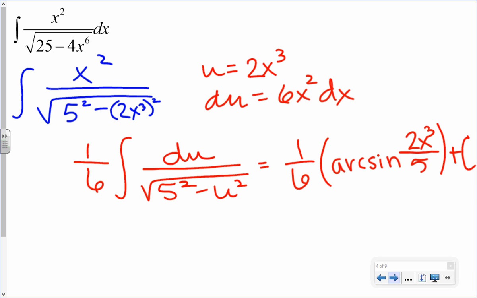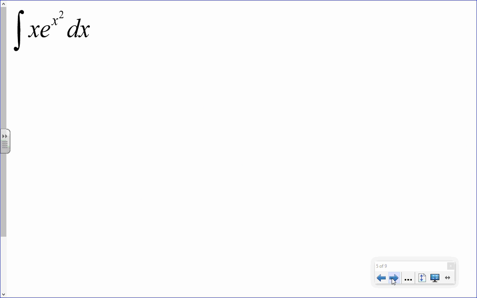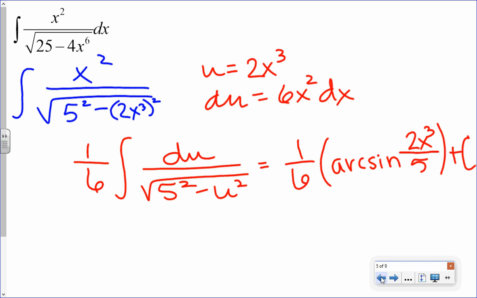I'm going to put a problem on the board, and I'm going to give you and your neighbor 1 minute. So that 1/6 doesn't go to the C? Well, 1/6 times C is still a C, so it wouldn't matter. Does that make sense?